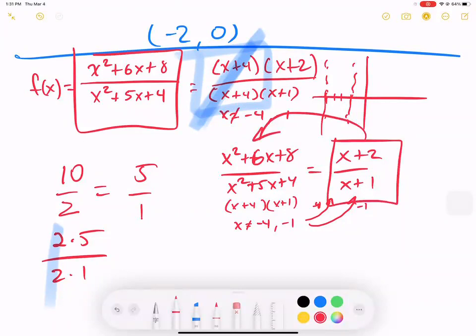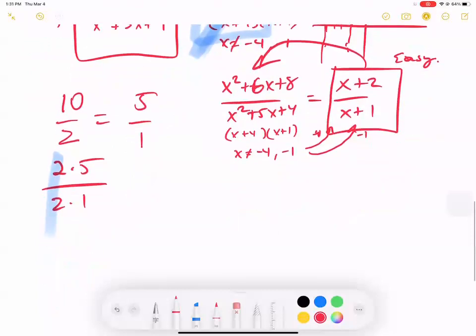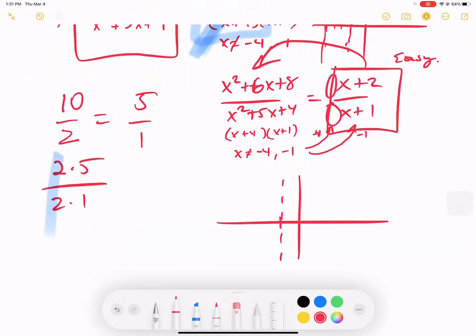So which graph should you graph? You graph the easy version. Every point is exactly the same, except at the hole. And that's how we're going to make this problem easier. Let's graph the right one. We have a vertical asymptote only at negative 1. All right, here we go. How hard was that? Horizontal asymptote: take a look at the horizontal asymptotes. Do you have any numbers in front? That's 1 over 1.